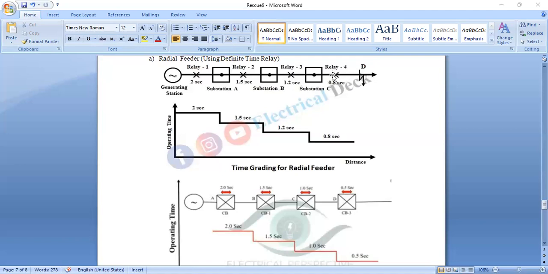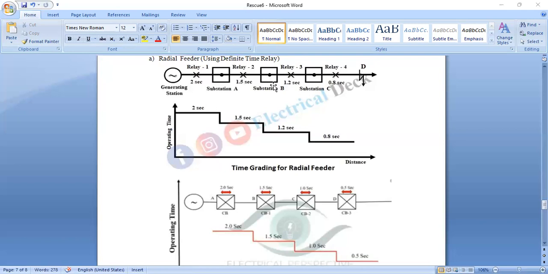If relay 4 and the circuit breaker at substation C fail to operate even after 0.8 second, then relay R3 operates after 1.2 seconds and opens the substation B circuit breaker, acting as backup protection.